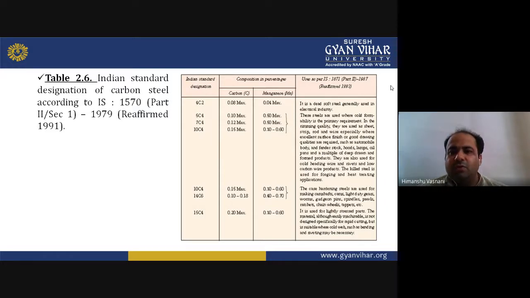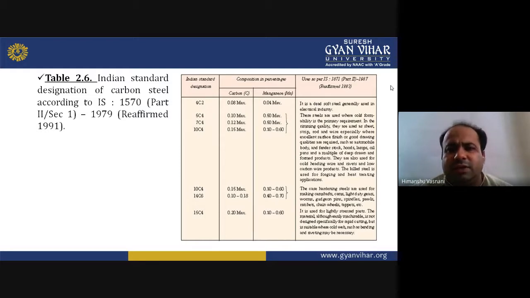They are used in automobile body parts, oil pans, cold heading wire, rivets, and you can see they have numerous applications like steel sheet, strips, rods and wires which have good finishing.